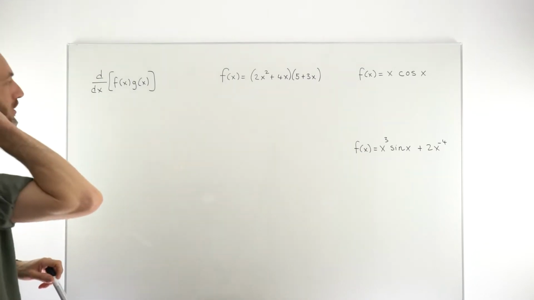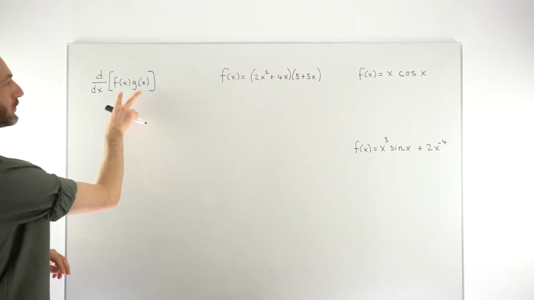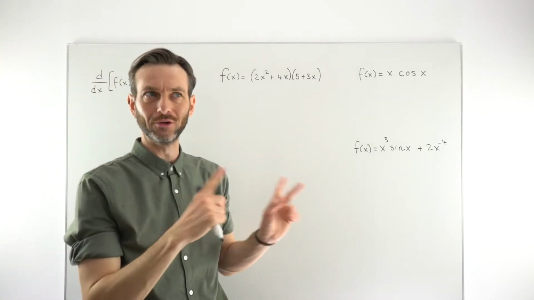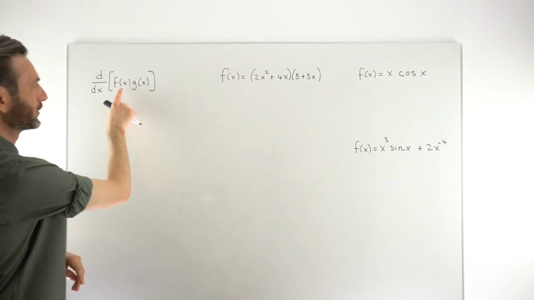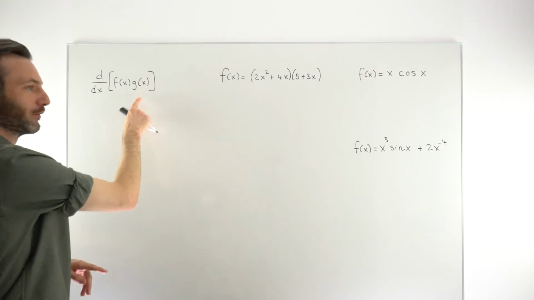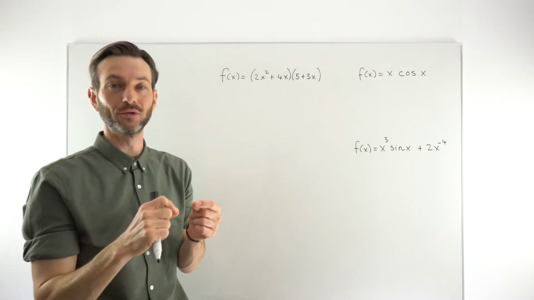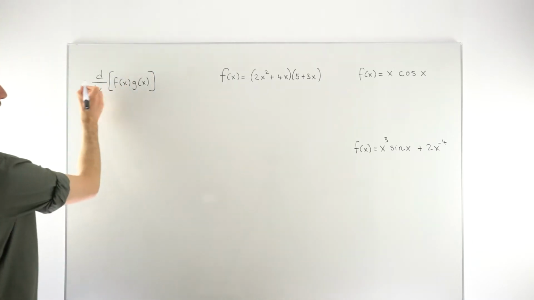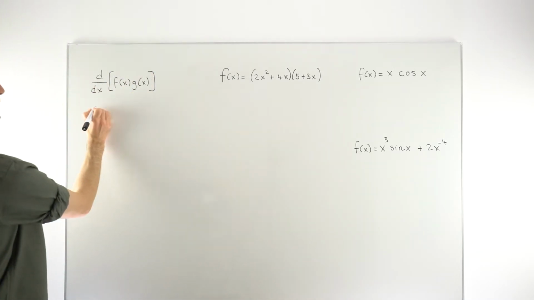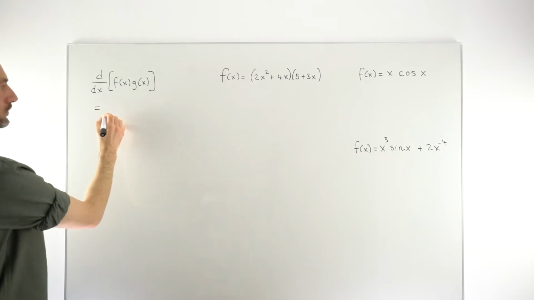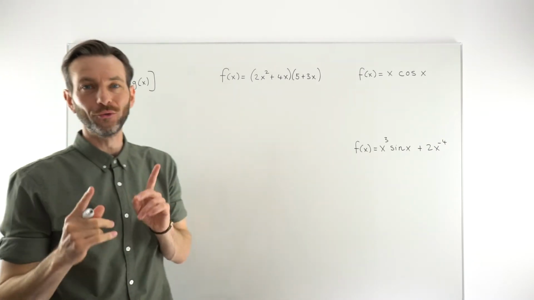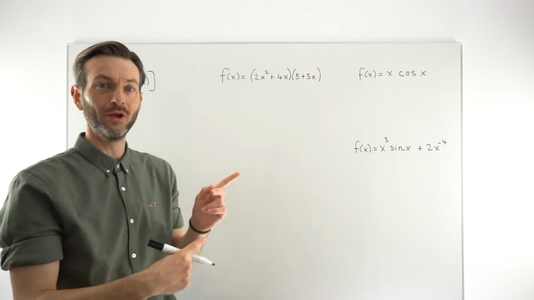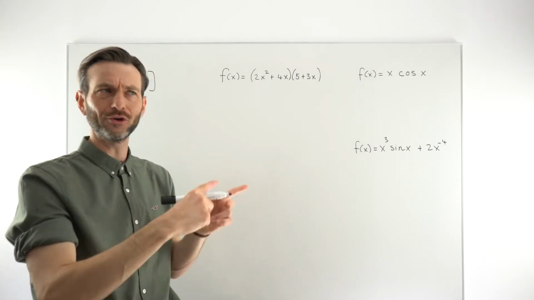Now, intuitively, you might think that the derivative of a product is going to be equal to the product of the derivatives. In other words, take the derivative of f, take the derivative of g, and then multiply those two derivatives together. It doesn't quite actually work like that. The way that it works is the derivative of this product is equal to the derivative of one function times the other function plus the derivative of the other function times the first function.